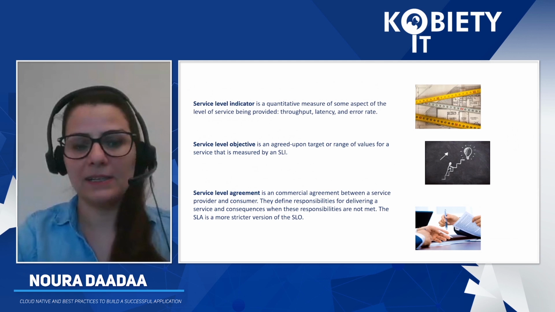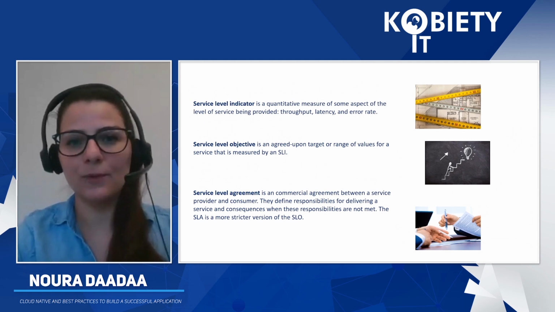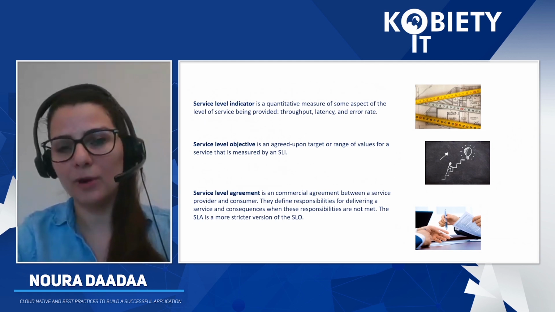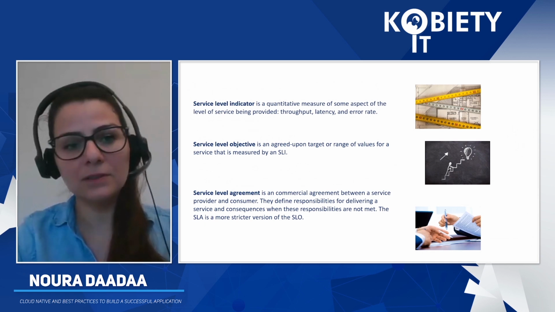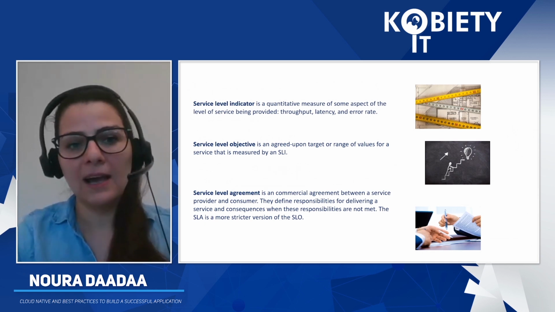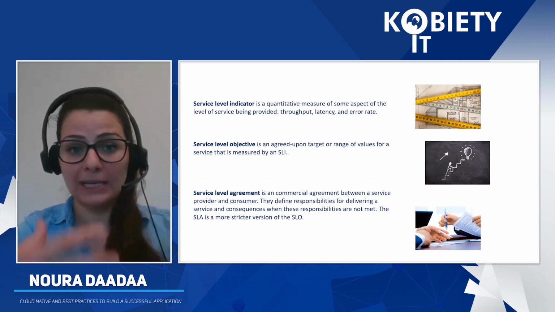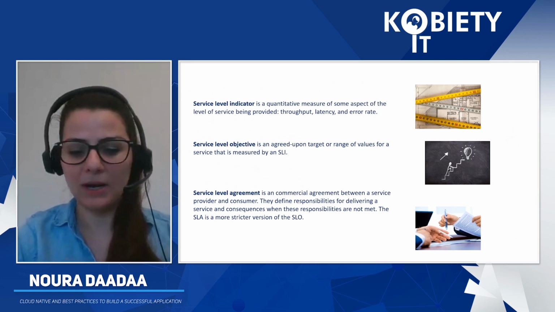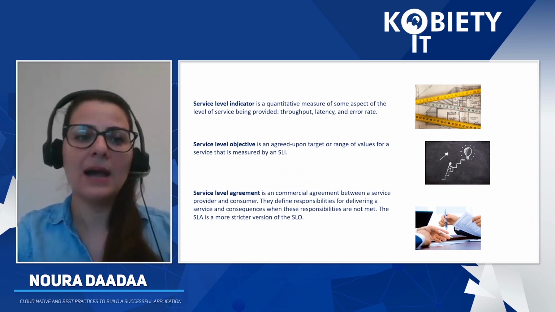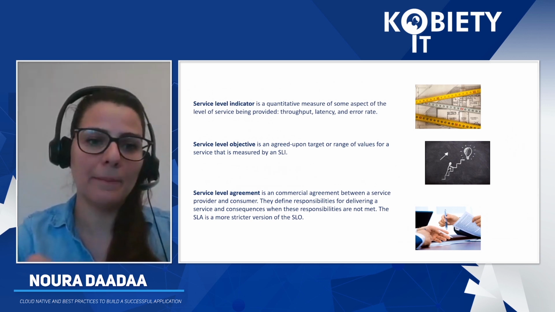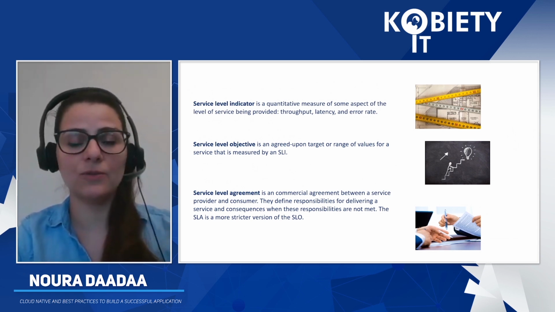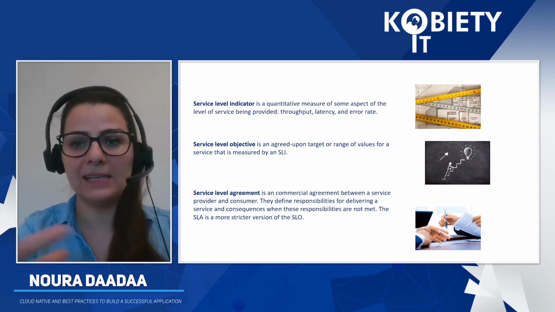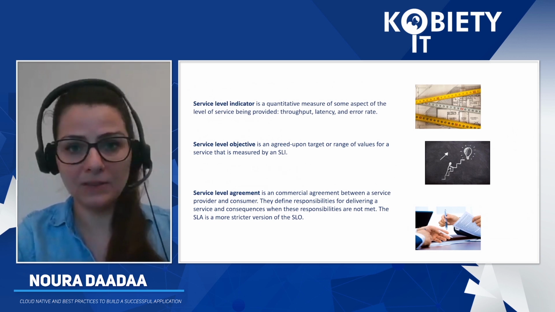So the service level indicator is not necessarily what the team has agreed on in terms of development for this application in the field. It's a way to say, I'm developing application X, and during my development in cloud native, it could be in my labs or in the customer's lab, I have to find a way to do a measurement, maybe measuring the throughput or the latency, and seeing how many errors I'm getting during the deployment.